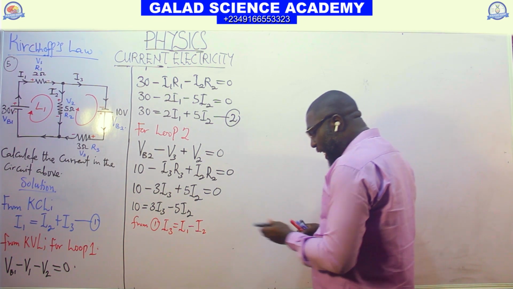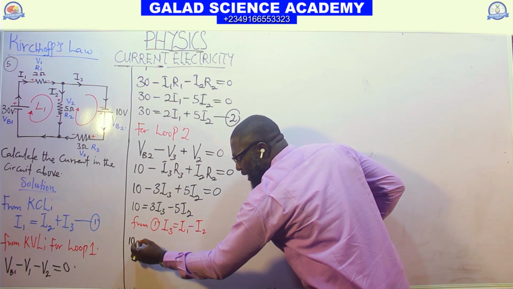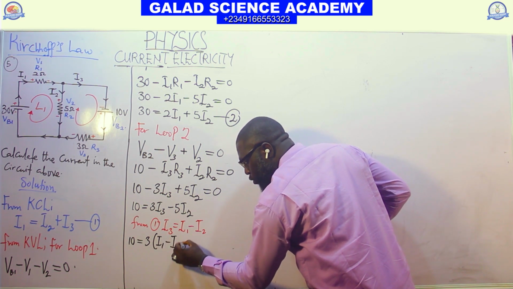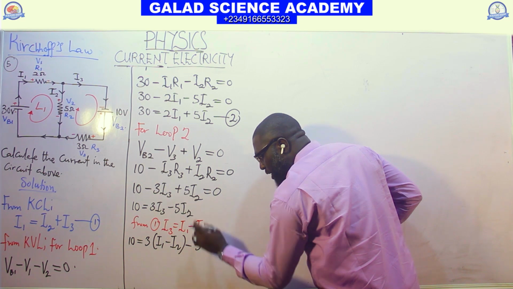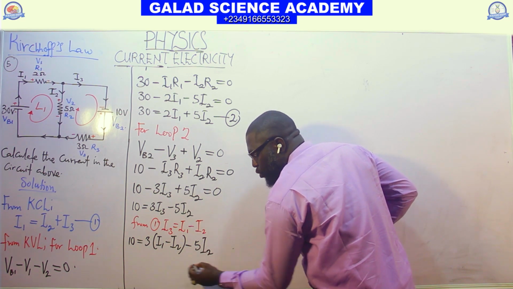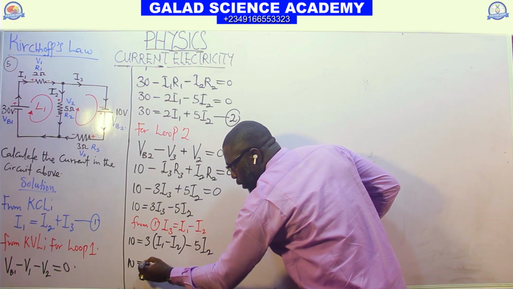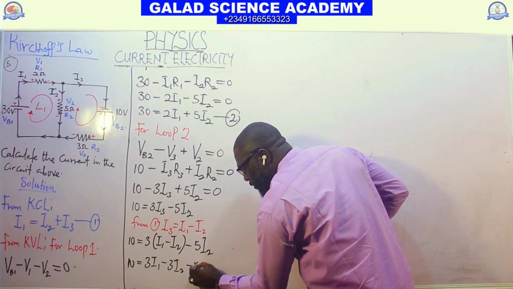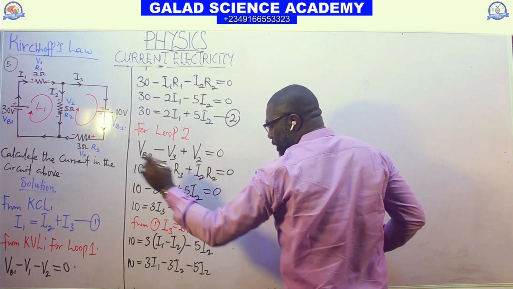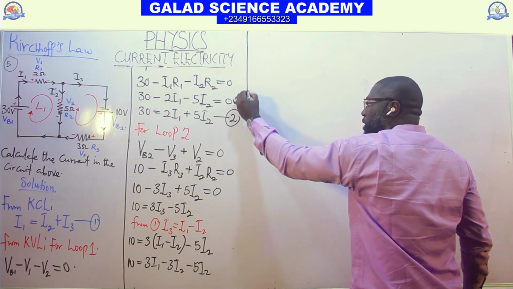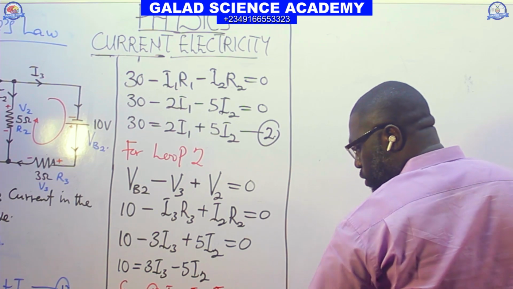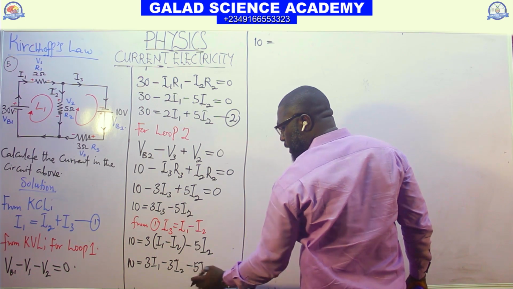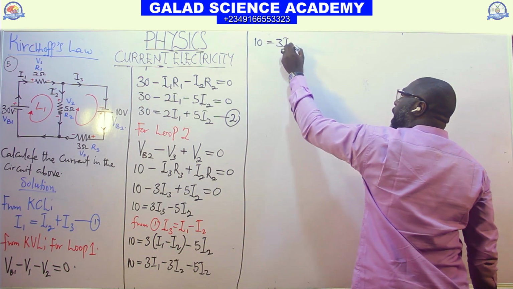So let's substitute for I3 here. We have 10 equals 3 times (I1 minus I2) minus 5I2. So 10 equals 3I1 minus 3I2 minus 5I2.